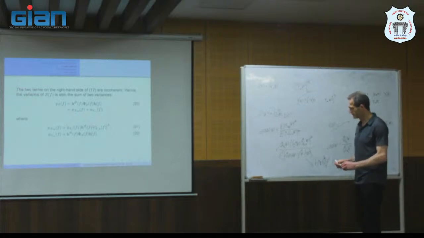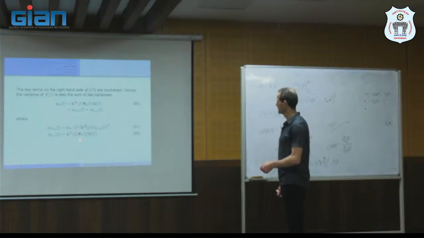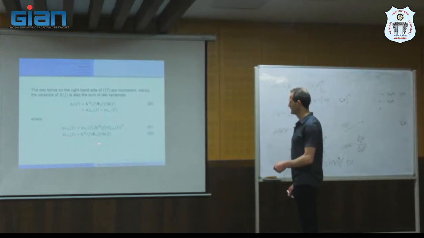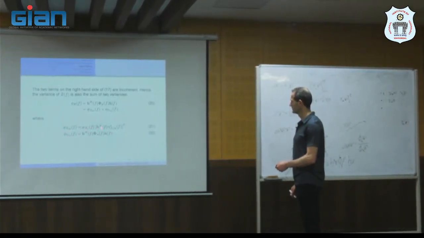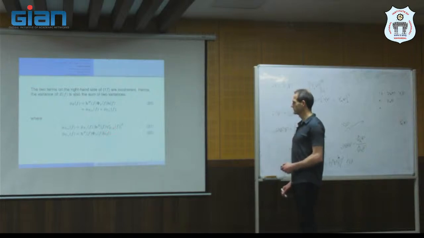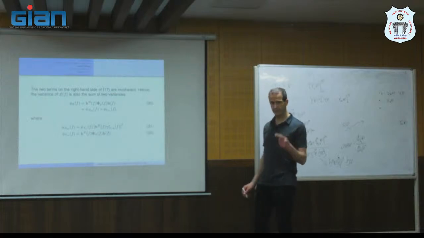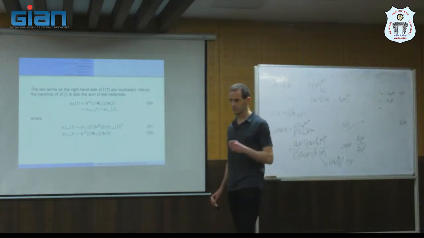This is the correlation matrix, like this. This is the variance of the residual noise at the output of the filter, and this is the variance of the desired signal at the output of the filter. So this ratio will give us the narrowband output SNR.